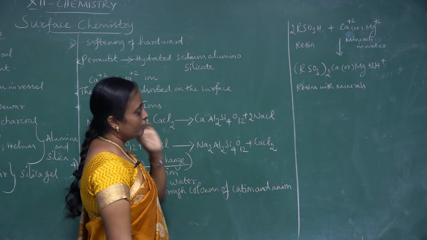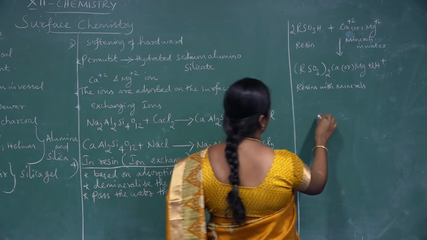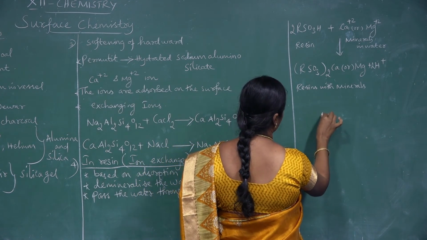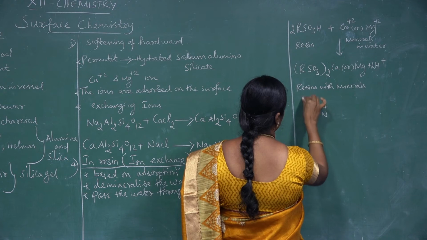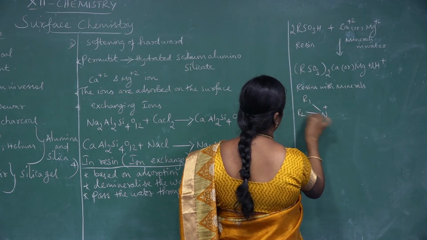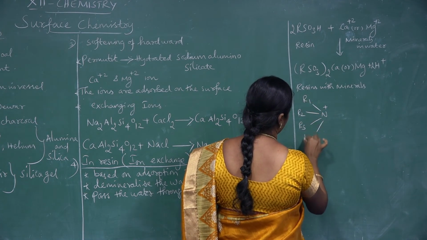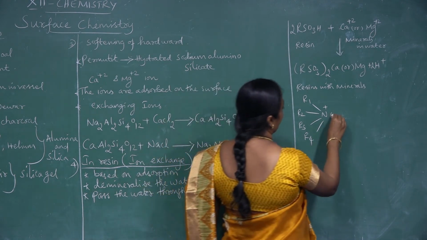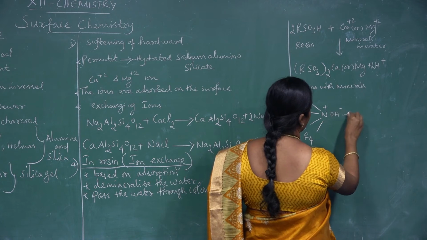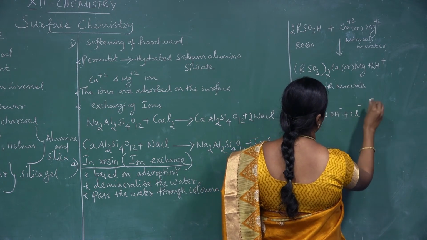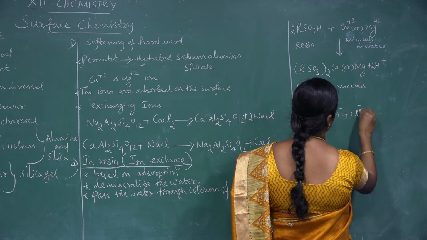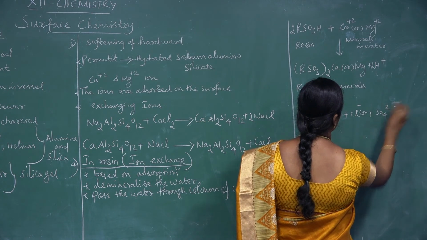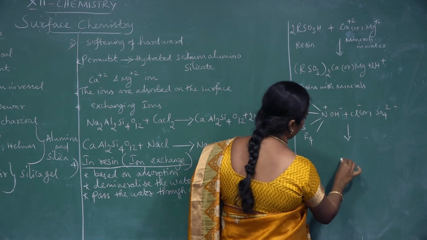Okay, and I will give you one more example. If I take a resin like this, the ammonium, that is R1, R2, R3, involving many types of alkyl groups, that is an OH minus resin. In the same way, if I replace it with Cl minus or SO4 2 minus, this can be possible.